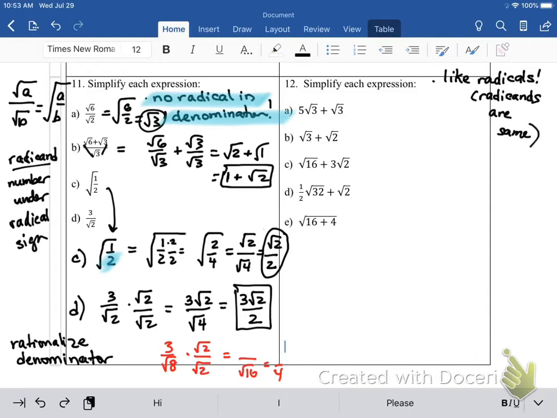So this is 5 times radical 3, this is 1 radical 3, 5 peaches and 1 peach is 6 peaches, this is 6 radical 3. Don't change the peaches, leave the radicals alone. Okay, if they're not the same, well, you can either simplify one to make them the same, or it can't be simplified. Can't do anything here.